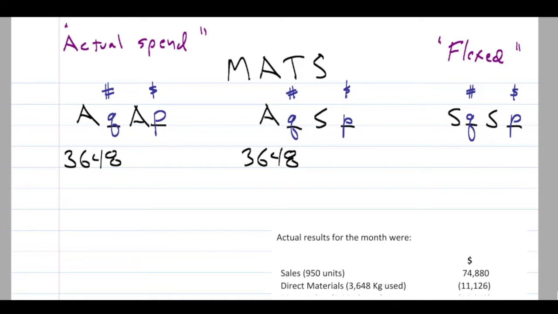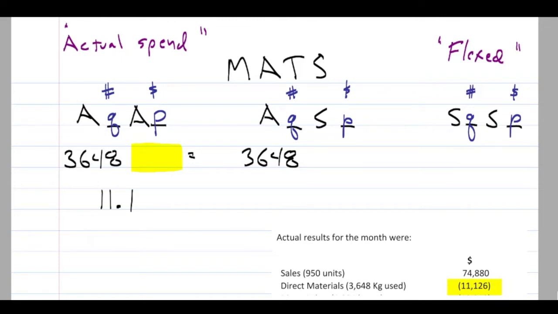Now, they don't give us the actual price directly, but they do give us the total spend on the materials, which is rounded off to 11.1. So that's the actual spend.